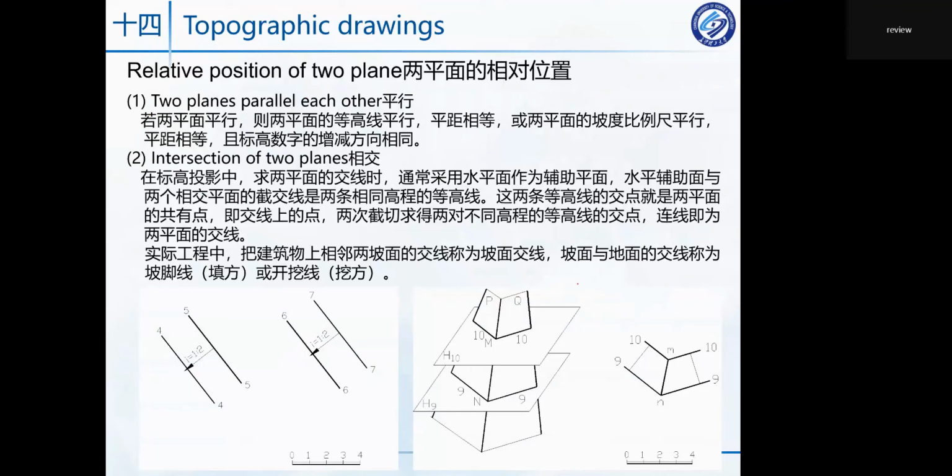Because the objects in engineering have not only one plane. There are many different planes, even circular planes combined together, which will shape complex buildings, complex dams, roads, and many other constructions.